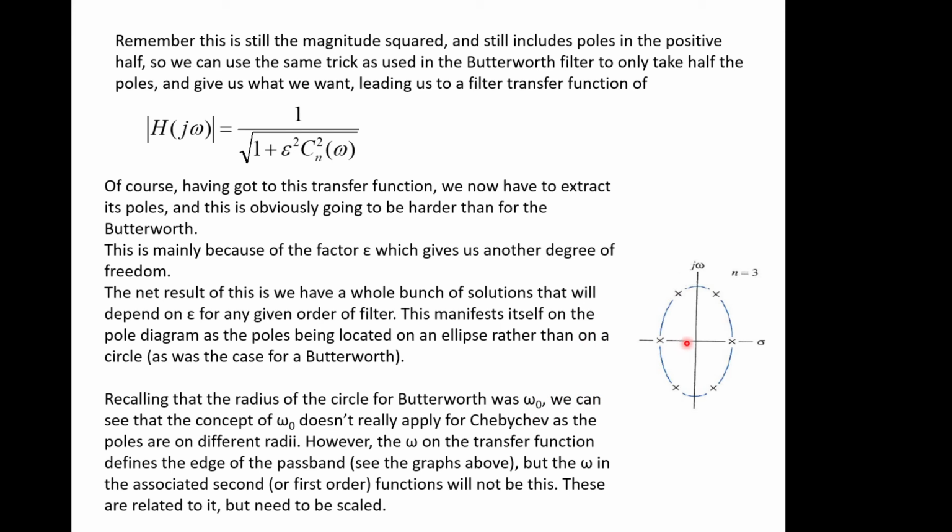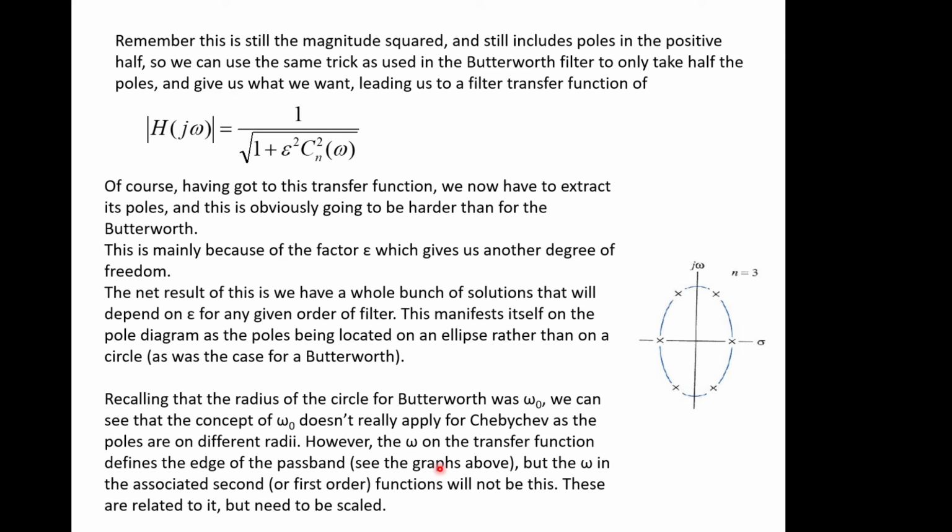Because all the poles are on their own different radiuses now, because the ellipse's radius is constantly changing as we go around it. We don't really have this concept of omega naught anymore, because each pole has a different value of its frequency, or its turning frequency, cutoff frequency.